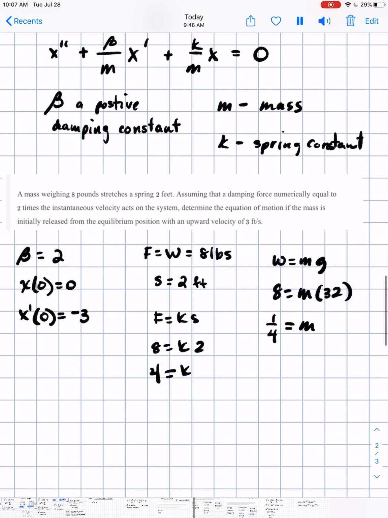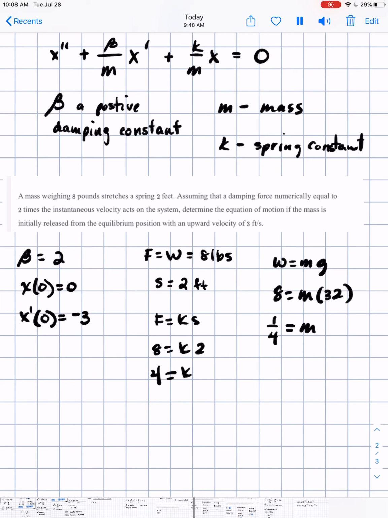So now, let's take everything we got, right? So you have k, you got m, and you got your damping constant.